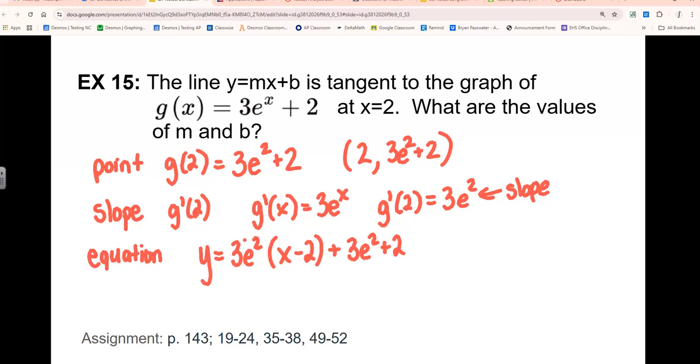So we are going to have to distribute here because the question is asking us for m and b, meaning we need slope and y-intercept of that line. So we've got to distribute.